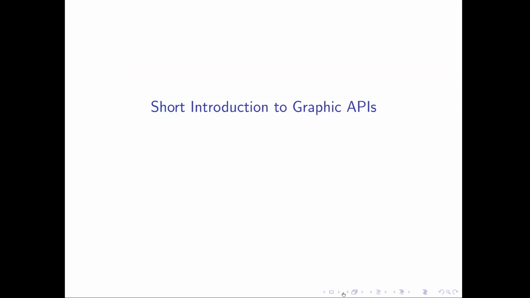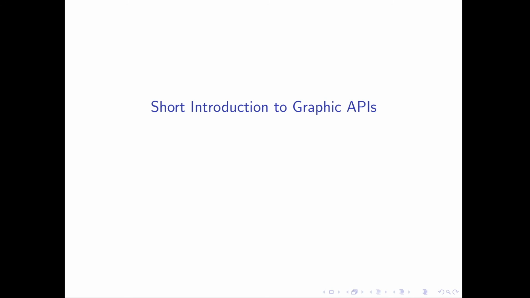So I want to start this part of the lecture with a discussion on what I would call traditional or legacy graphics APIs. The idea is that we understand how graphics APIs worked traditionally, and then we will gradually understand how a modern GPU architecture, in contrast, would work, and what the potential shortcomings of those APIs are.